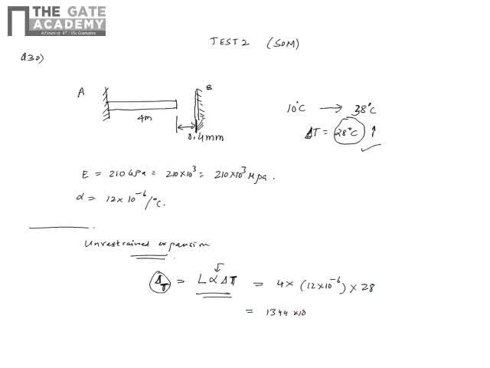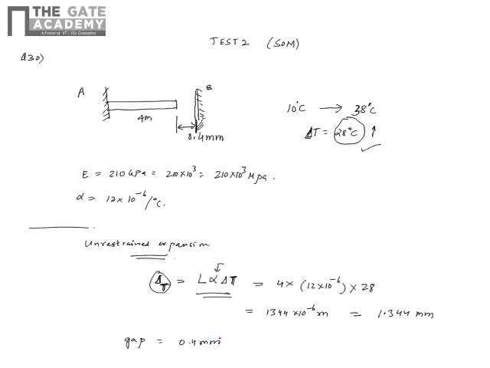So this value comes to 1344 into 10 power minus 6 meters, because the length is in meters. Converting to mm, this becomes 1344 into 10 power minus 3 mm, which is 1.344 mm. Now the gap is only 0.4 mm, so it can expand up to 0.4 mm without any constraint.